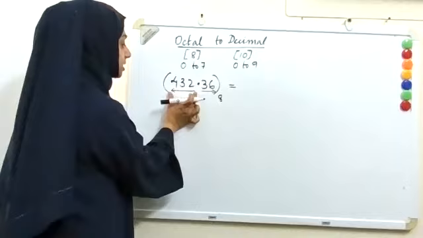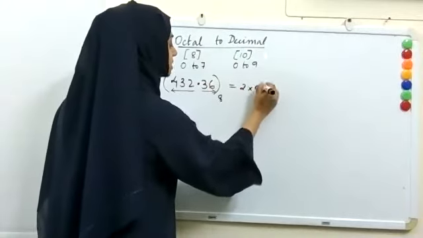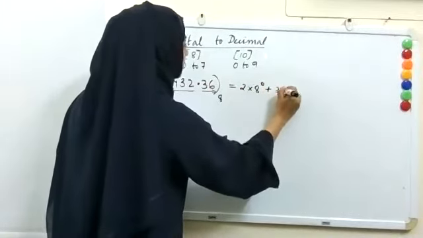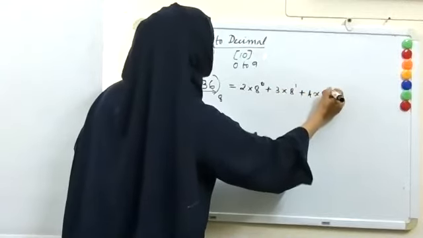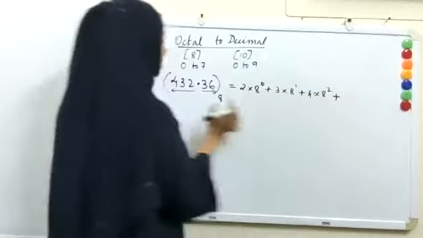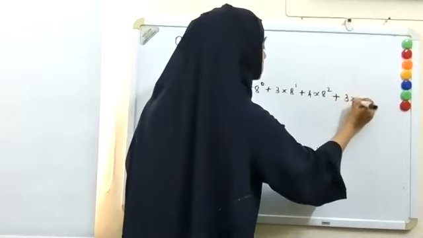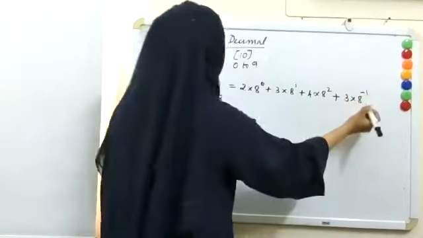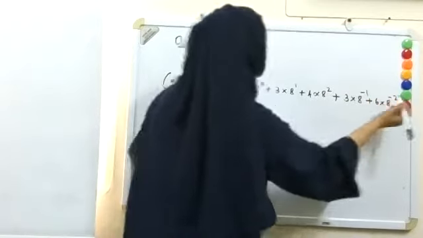So let us start from here, 2. So you have 2 times 8 raised to 0 plus 3 times 8 raised to 1 plus 4 times 8 raised to 2 plus, now we have to go in this direction, 3 times 8 raised to minus 1 plus 6 times 8 raised to minus 2.